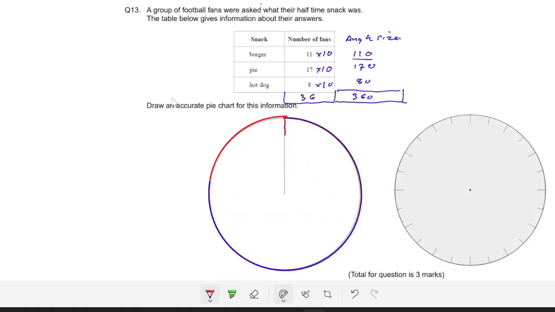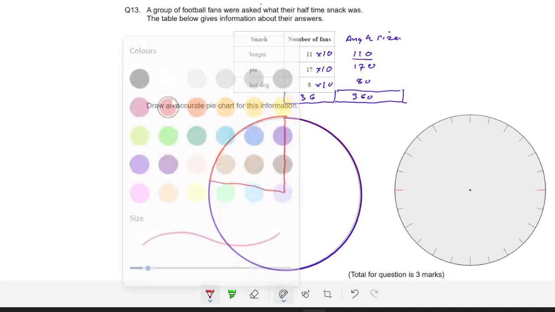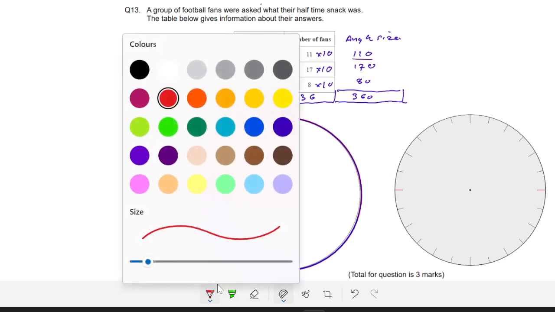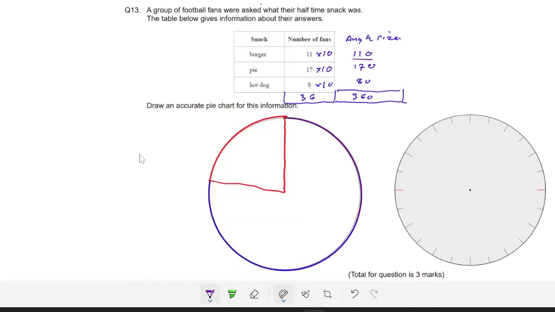I'm just going to do that freehand. So that's going to be my first section. I'll bring in a blue for my other section. So that was my point. Not drawn that very well. Actually, I'm going to redraw that using a ruler.